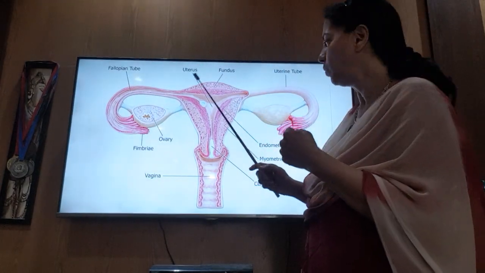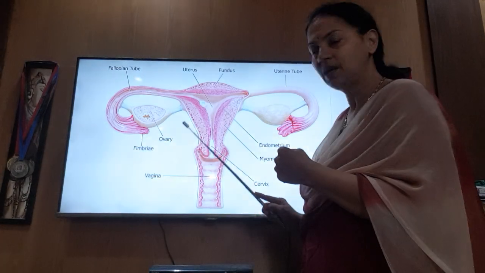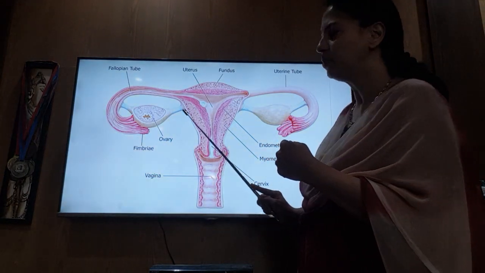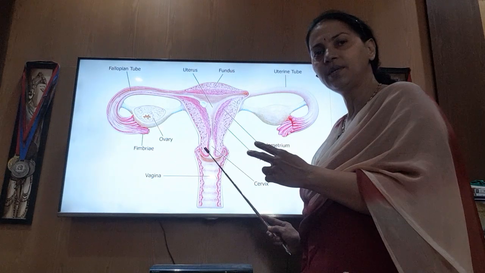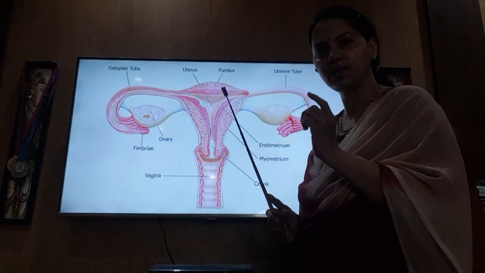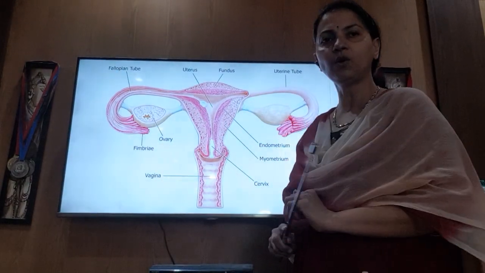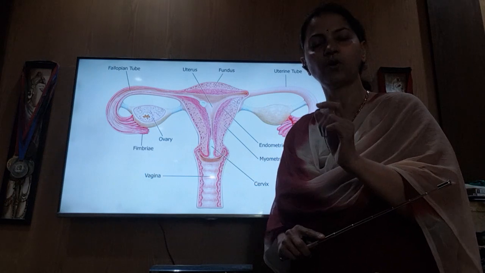The next two are going to be arising from the cervix. Cervix first is going to be the anterior ligament or the pubocervical ligament. Another will be the transverse cervical ligament or ligament of Mackenrodt.